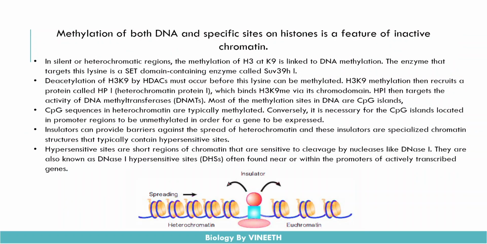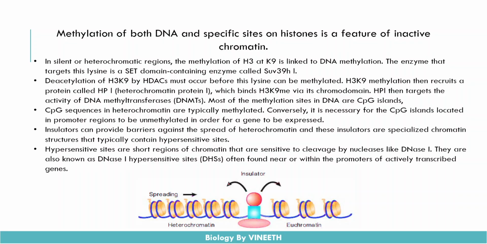So how can we maintain the heterochromatin states or euchromatin states inside the nucleus? As I said, there are certain processes: methylations and acetylations. These methylations and acetylations make certain regions of the chromatin be in the heterochromatin or the euchromatin state. The methylation of DNA or of specific sites on histones is a feature of inactive chromatin.